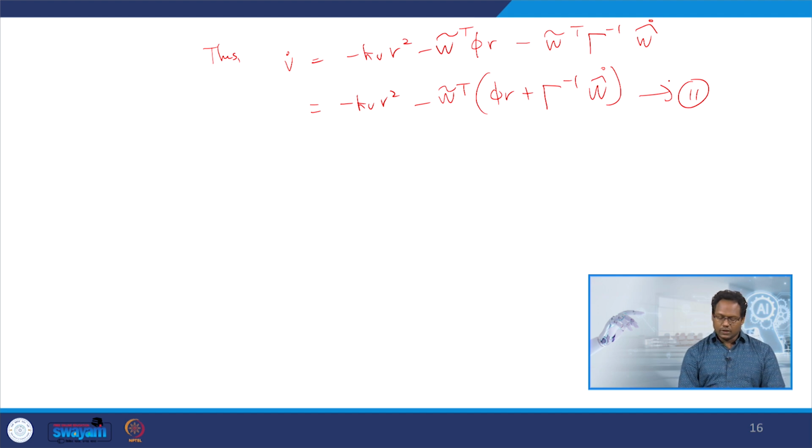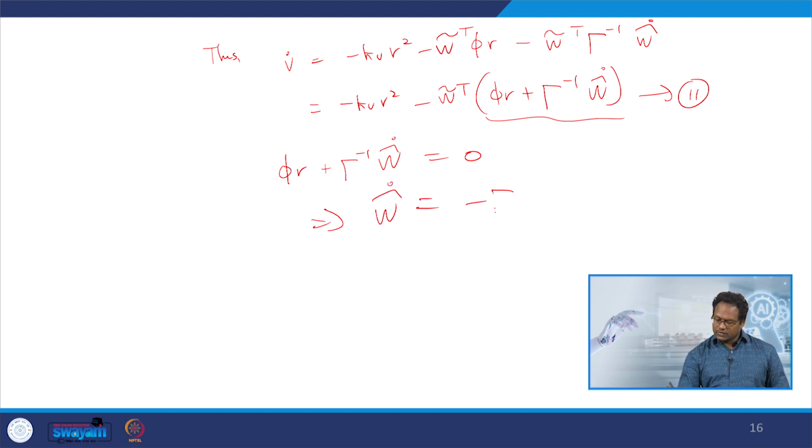Now, we can have the second term of equation 11 being equated to 0. This equation equated to 0, we have phi r plus gamma inverse w hat dot equal to 0, which implies w hat dot being minus gamma multiplied by phi into r. This is the update law that we have seen in the initial stage of this lecture. Okay, that is equation number 12. This is the update law.